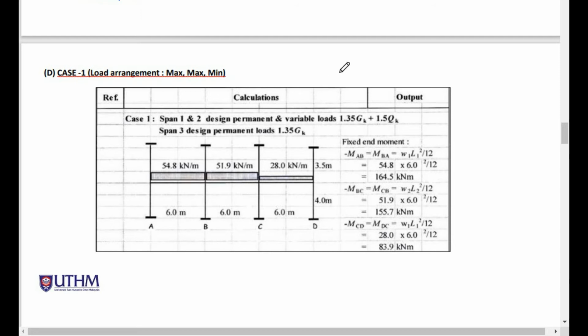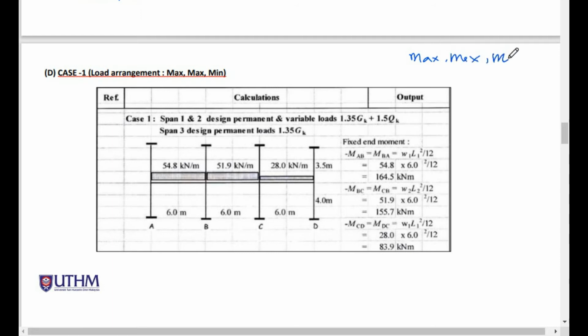If you still remember class on Sunday, I told you that there are 4 cases of the load arrangement. The first one is maximum, minimum. Next is minimum, maximum. The third case is maximum, the second span is minimum, and the third span is maximum.